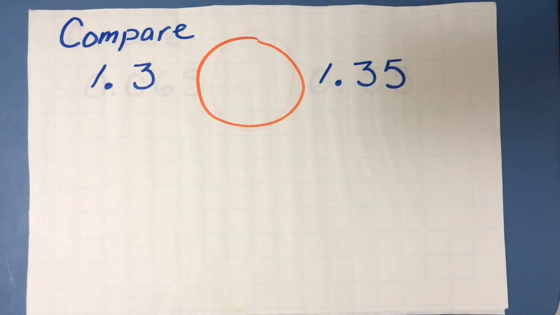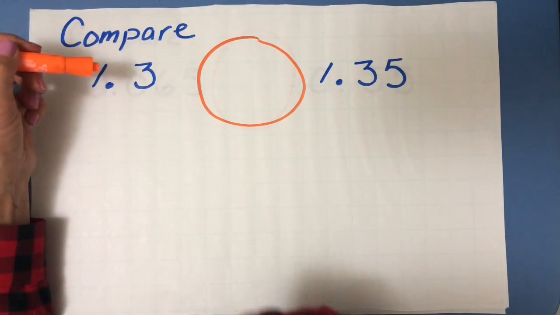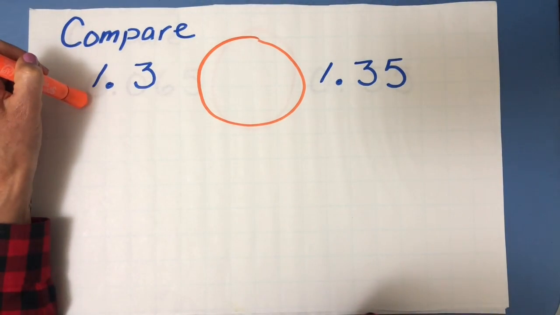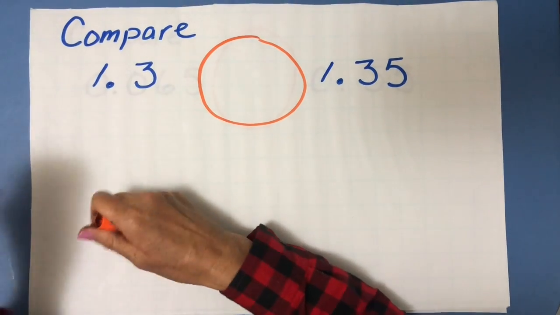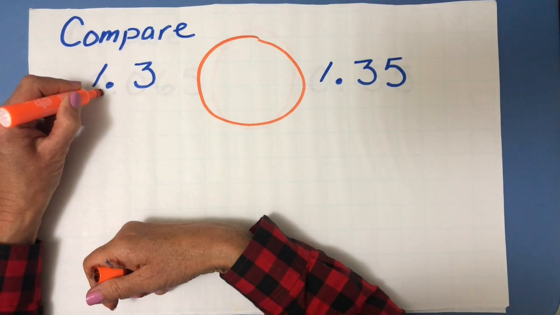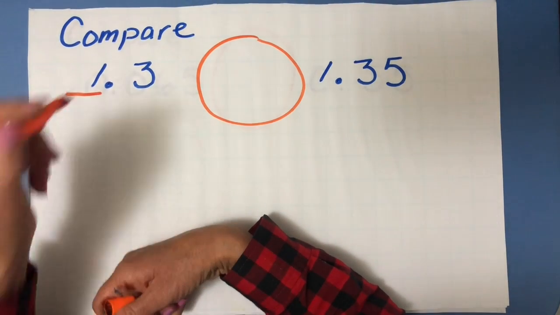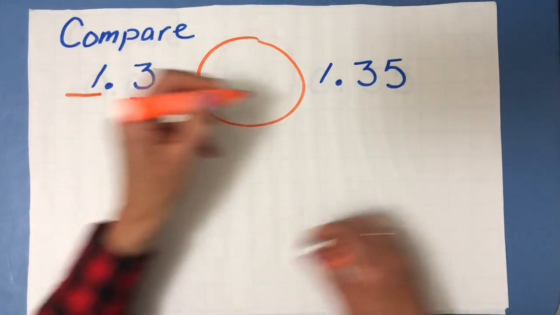Now, let's say you don't have a visual. So how do you solve it? Well, the first thing I always do whenever I'm doing this is my place value chart. This is 4th grade, so there's always 1, 2, 3 places.